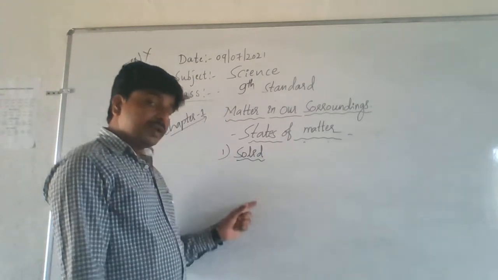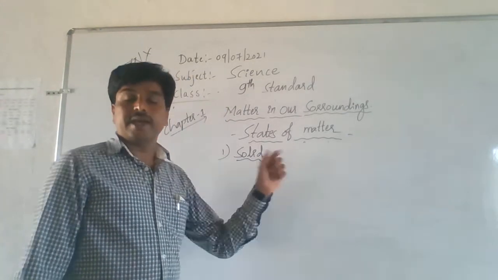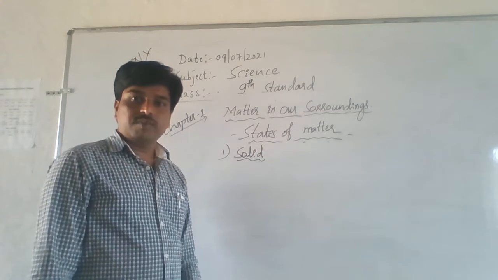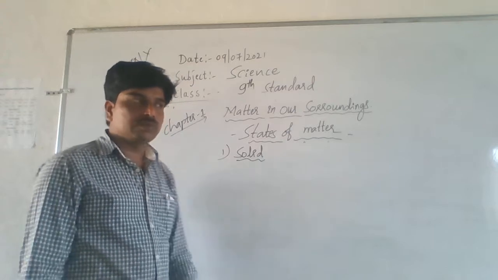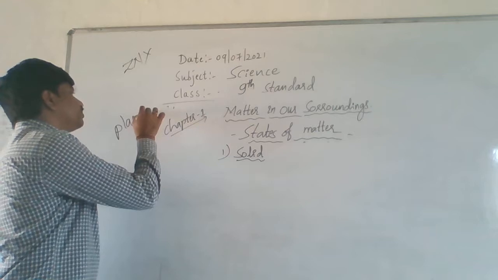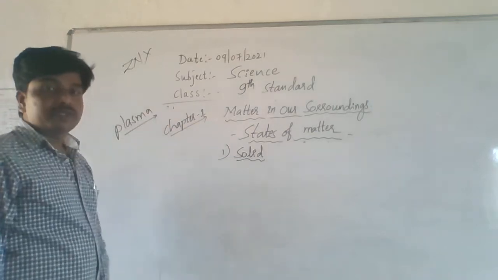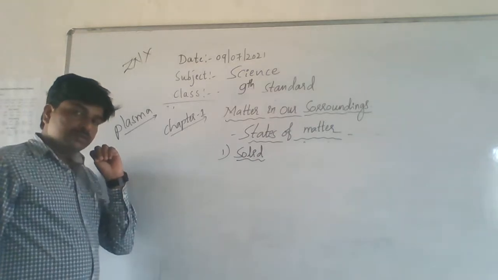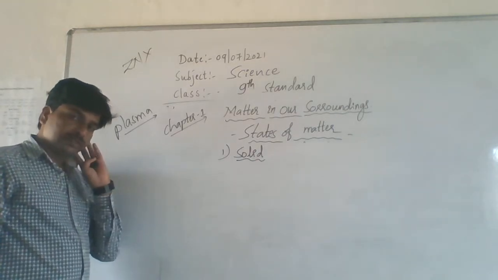So usually matter exists in three states: solid, liquid and gas. Another state is there, the fourth state of matter, that is plasma. The plasma state is called the fourth state of matter. Understand? Where can we see this plasma state, sir?